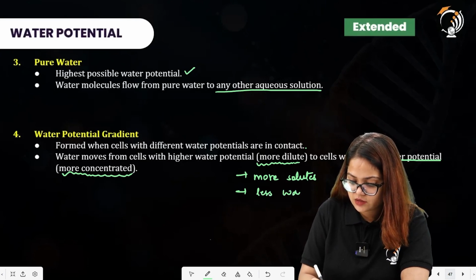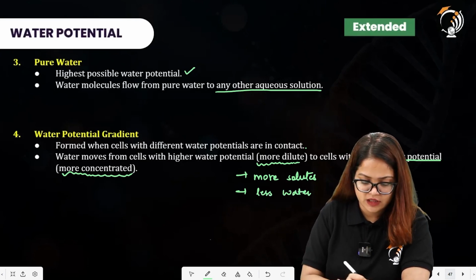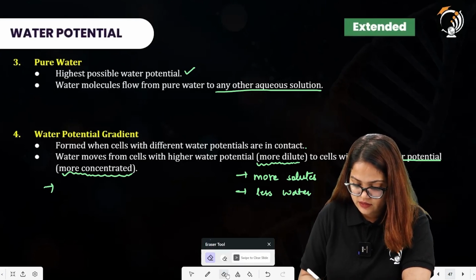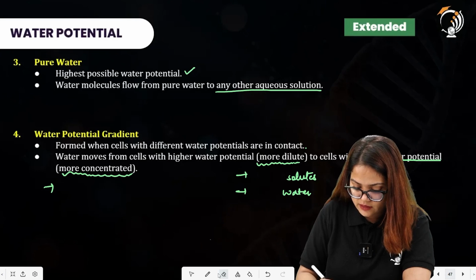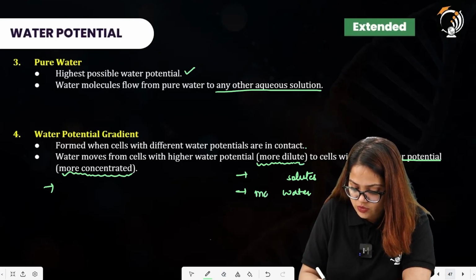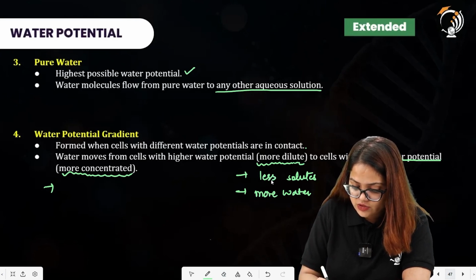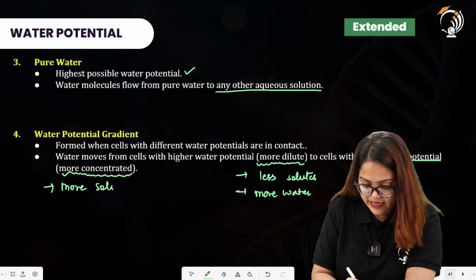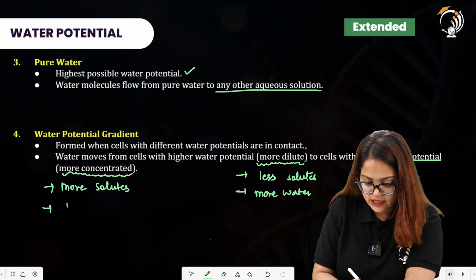This should be reversed: since it is saying more dilute, it has more water and fewer solutes, and more concentrated has more solute and less water.